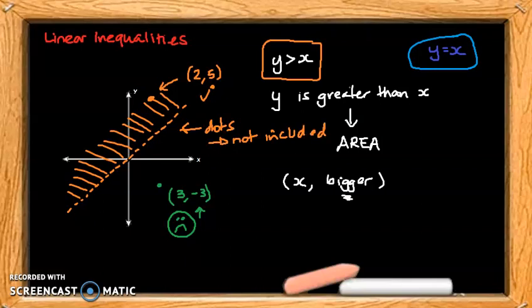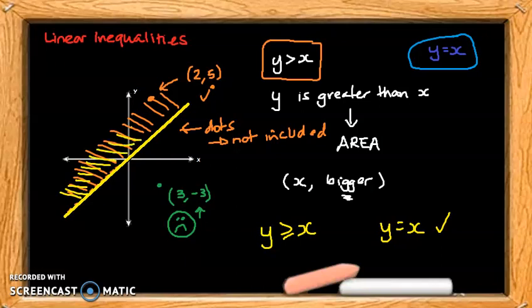If the line was solid, let's say I was going to draw y is greater than or equal to x, then the line y equals x is part of it, which means we would draw this line as a solid line and then shade the desired area of the yellow part. And all of this area here satisfies this rule.